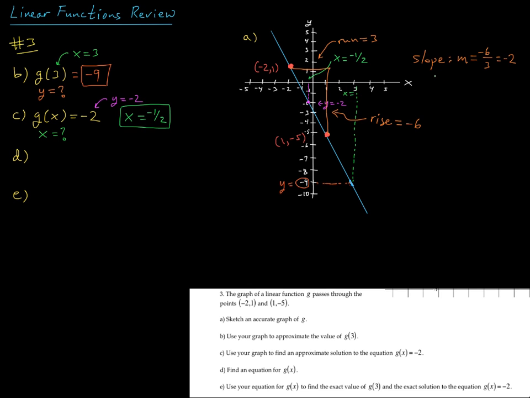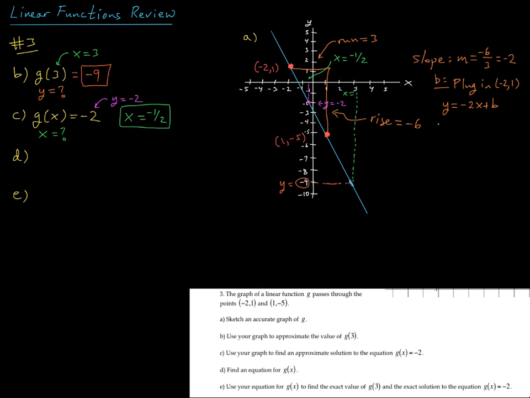Okay, so what I'll do is go ahead and plug in the coordinates of one of our given points. So I'll plug in the coordinates of the point (-2, 1). The fact that m is -2 says that y is -2x plus b.